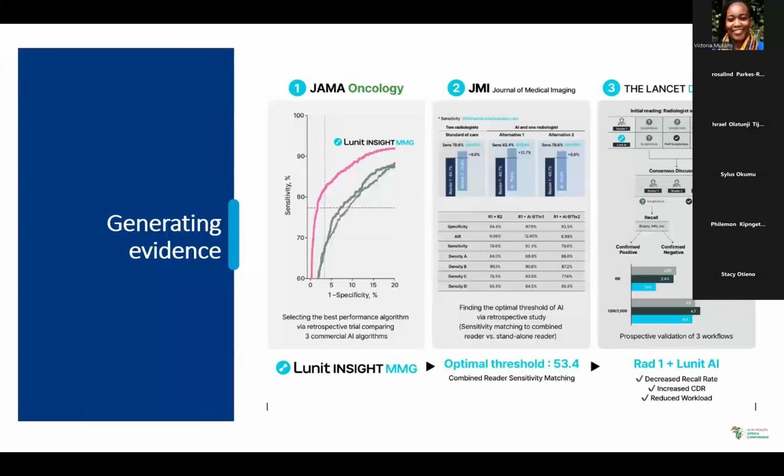They increased the case detection rate. CDR is case detection rate. And they reduced the workload by using one radiologist and the AI tool together. So this is the prospective validation of showing that it actually works in real patients.